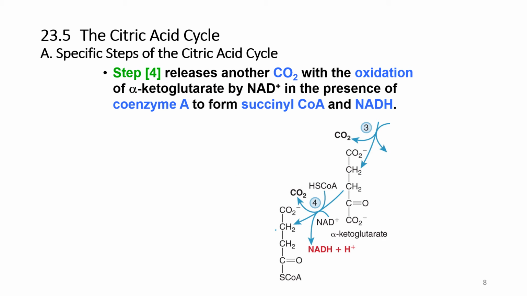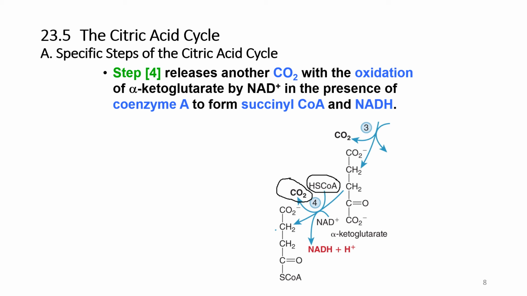Step 4, we release another molecule of CO2. So now we have gone from a 5-carbon intermediate to a 4-carbon intermediate, 1, 2, 3, 4. And notice that acetyl-CoA is also involved in this step, and it is linked to this molecule, and this is called succinyl-CoA.